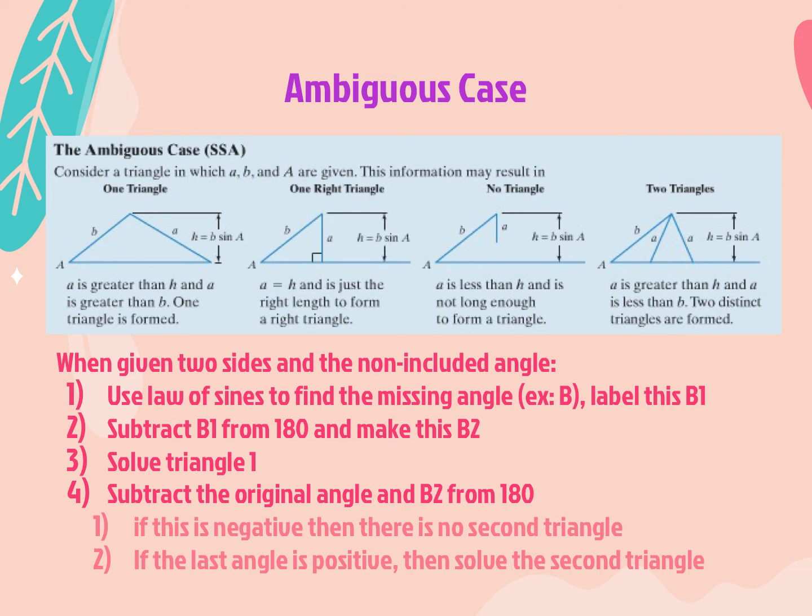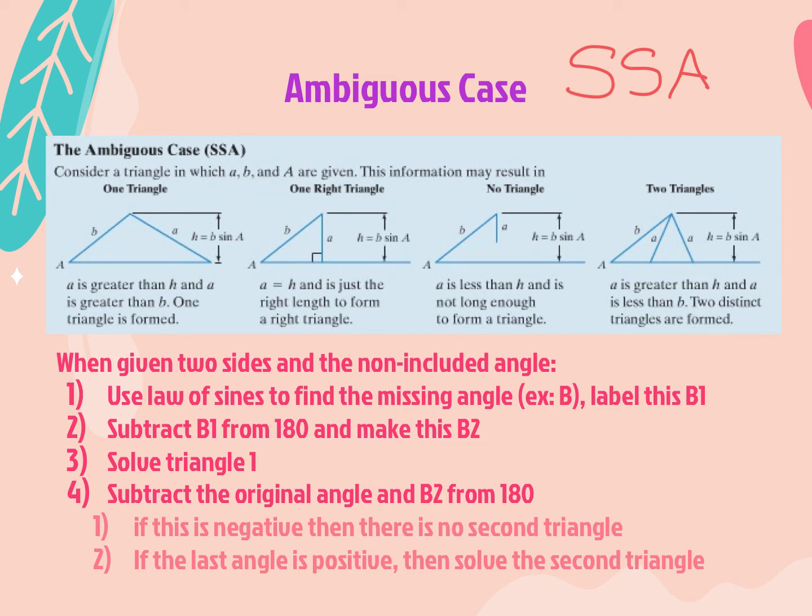Now, when you have 2 sides and an angle, and it's not the included angle, 3 different situations can occur. You can form one triangle with those 3 given pieces.